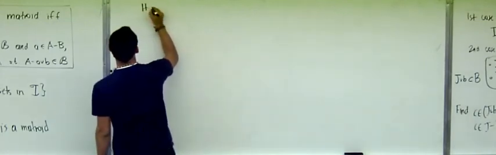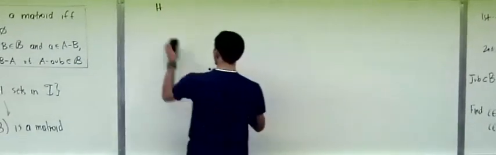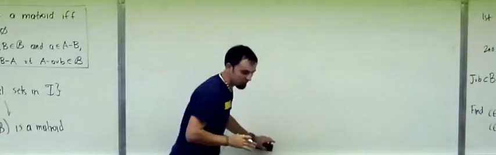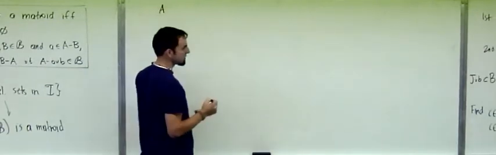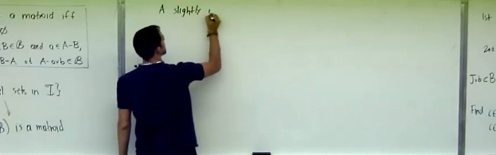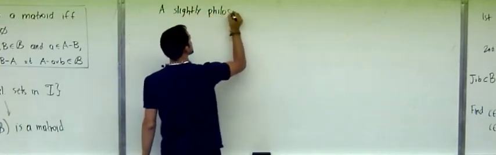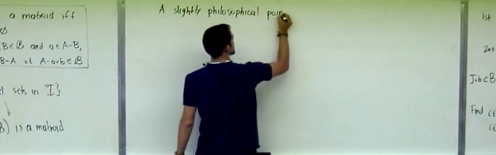Let me actually organize what I want to say, because I want to make a point here which is slightly philosophical, but important. Doesn't mean that what I'm going to say is not mathematics.